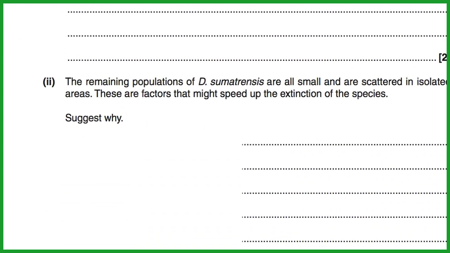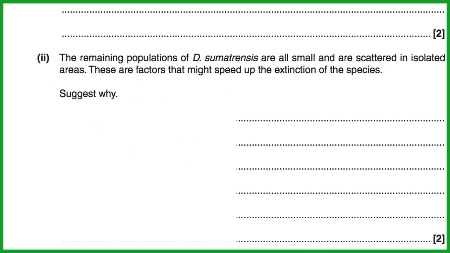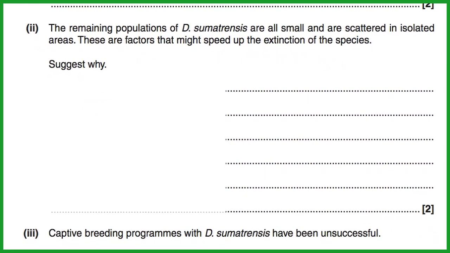Then it goes on, the remaining populations are all small and are scattered in isolated areas. These are factors that might speed up the extinction of the species. So in your answer, you've got to say why having small populations and scattered, isolated populations might speed up the extinction of the species. The points they're looking for here with the small population is to think that small populations lack genetic diversity.